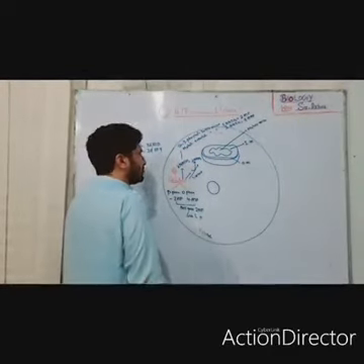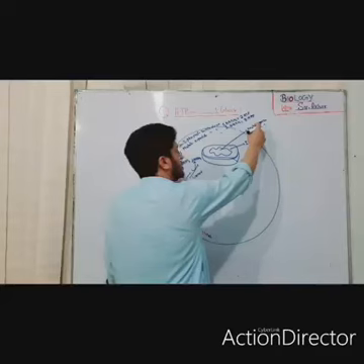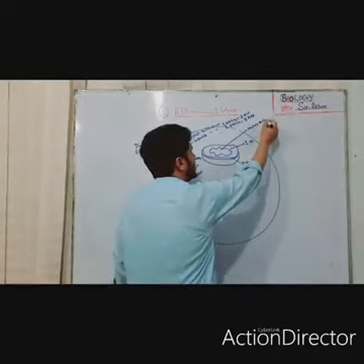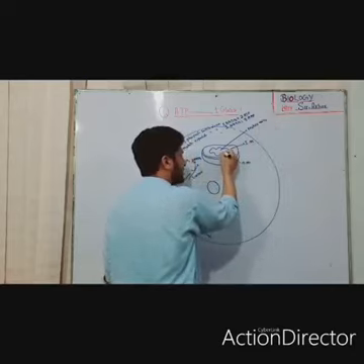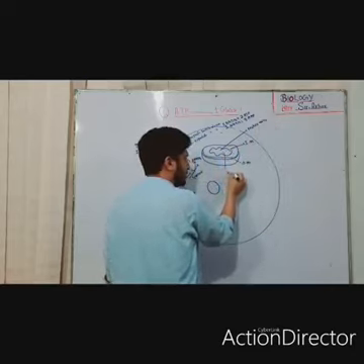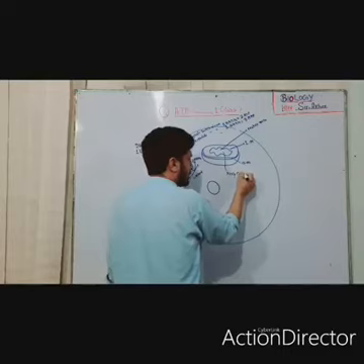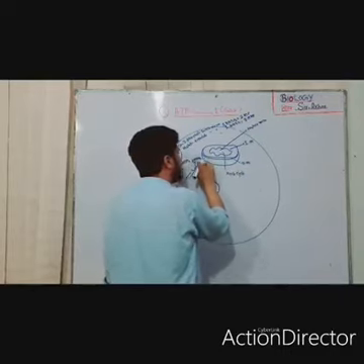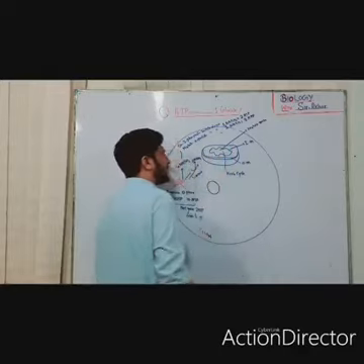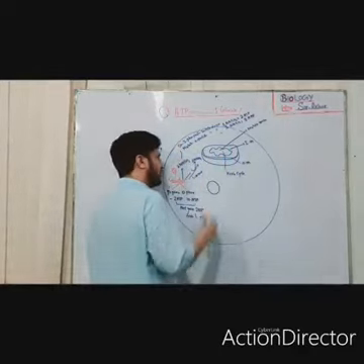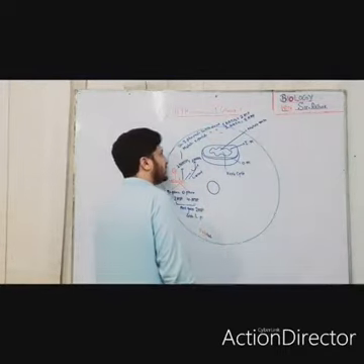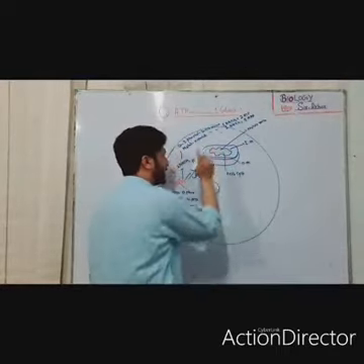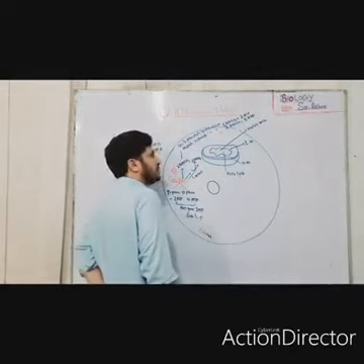Now another process which occurs inside the mitochondrial matrix is called the Krebs cycle. The Krebs cycle starts when the 2 acetyl coenzyme A molecules enter the matrix of mitochondria. Coenzyme A is released and the acetyl group enters the matrix portion of mitochondria.